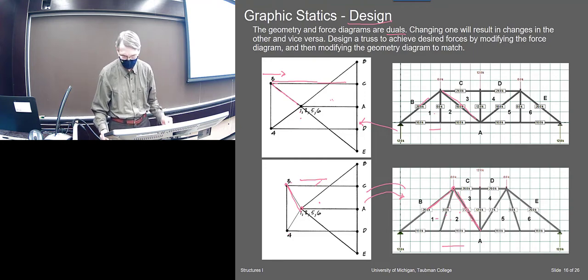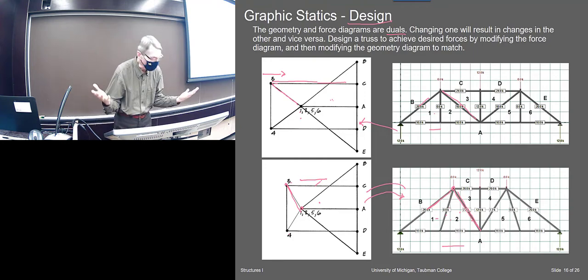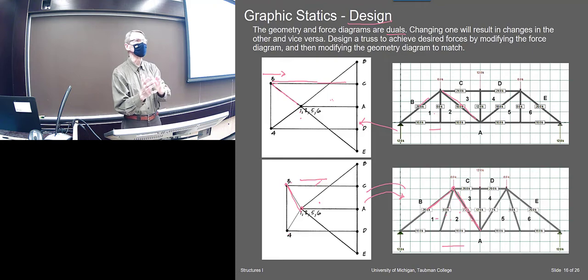Well, that's the beauty of this whole graphic statics. You could easily analyze, you could use Dr. Frame and analyze the truss. That's not the trick. But to go the other way is a little tricky because, as far as I know, the common way to alter the truss design would be just trial and error.